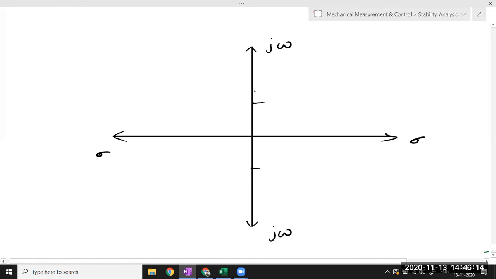This is -1. This is 1.414. Very important thing. This is -1.414 j omega. You can directly put omega, not required to put j omega. This is -1. This is +1. This is my point. This is my point.